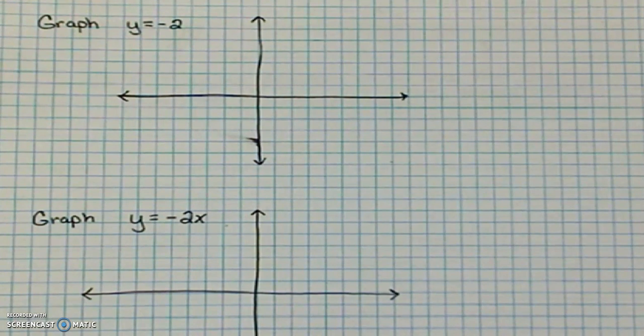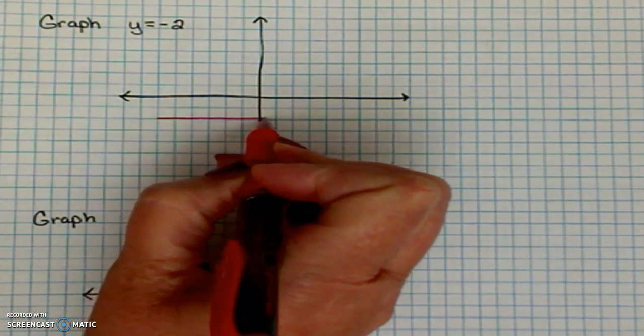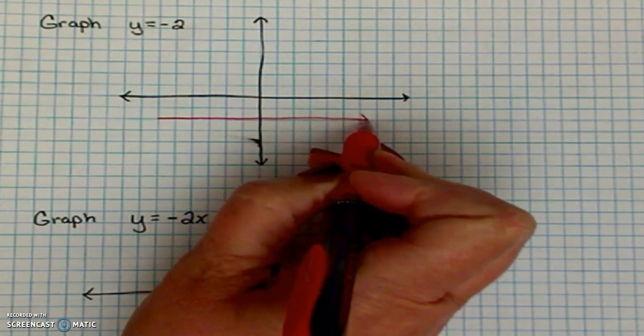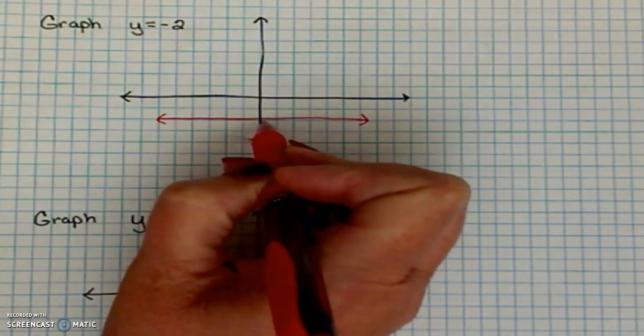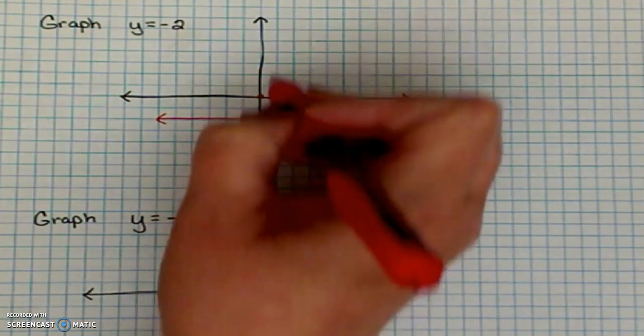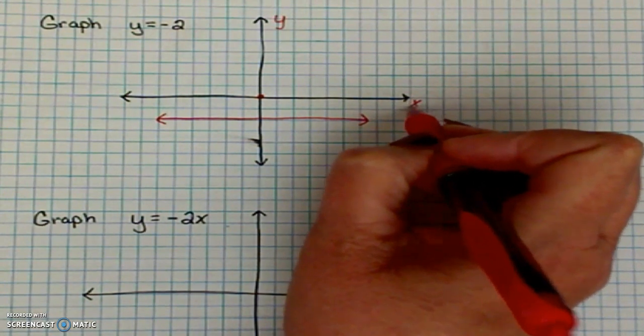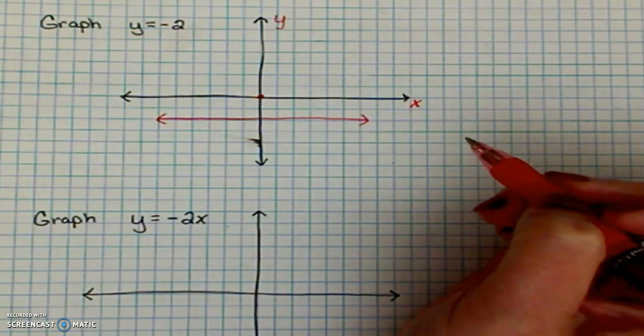So the first thing I want to do is refresh your memory on some of the graphing. If I ask you to graph y equals -2, that happens to be a horizontal line where y has a value of -2. The vertical axis is your y-axis, the horizontal axis is your x-axis.